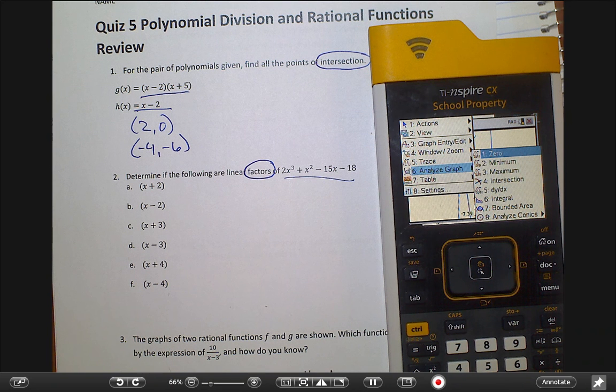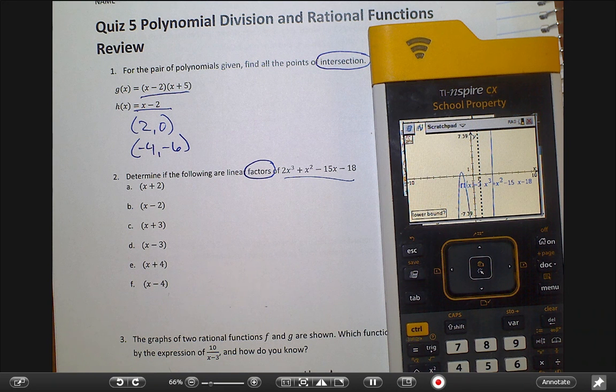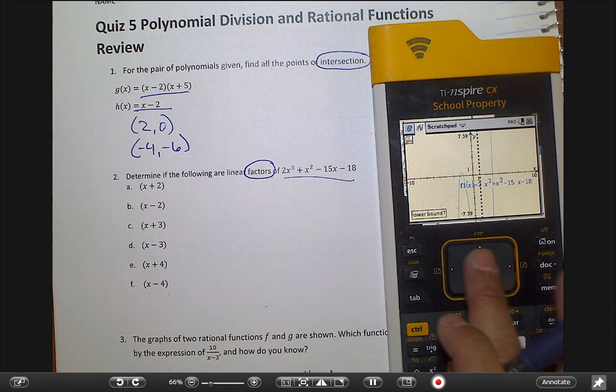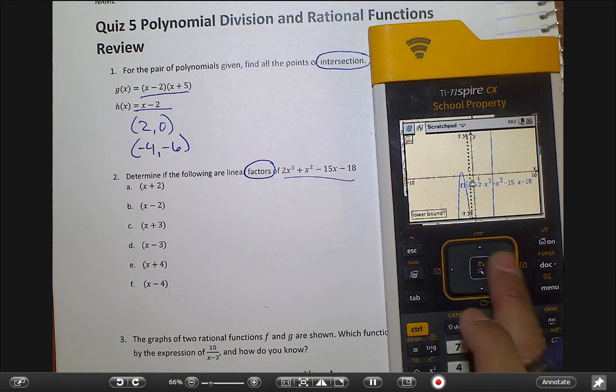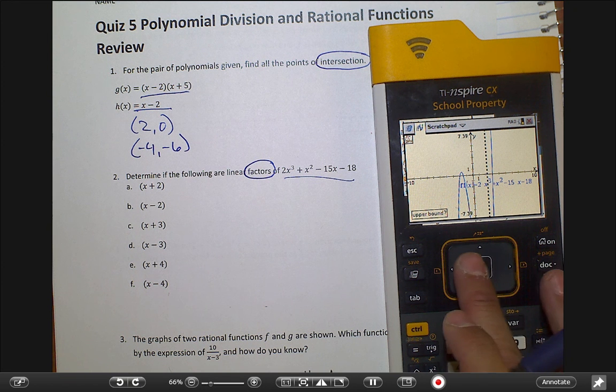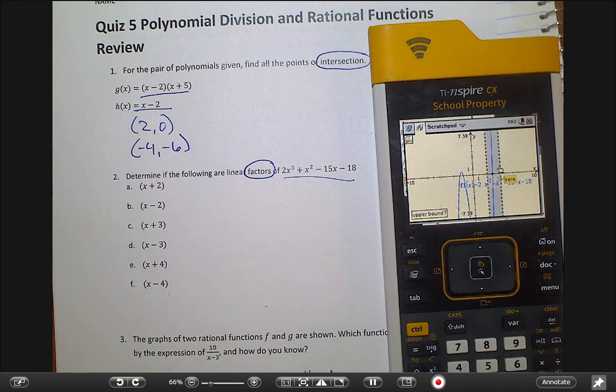So, there we go. Now, I have lower bound. So I'm going to start with right here. So I'm going to do lower bound. And carry it over.